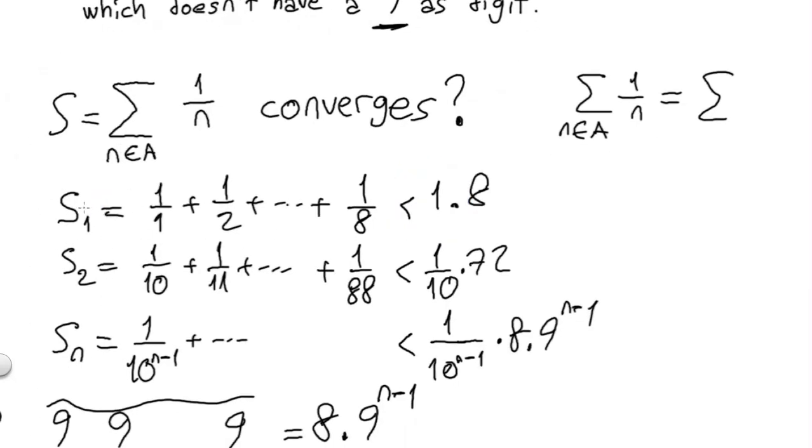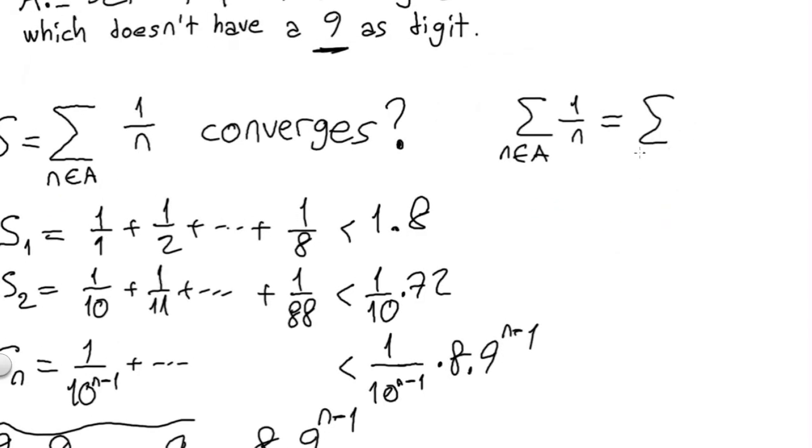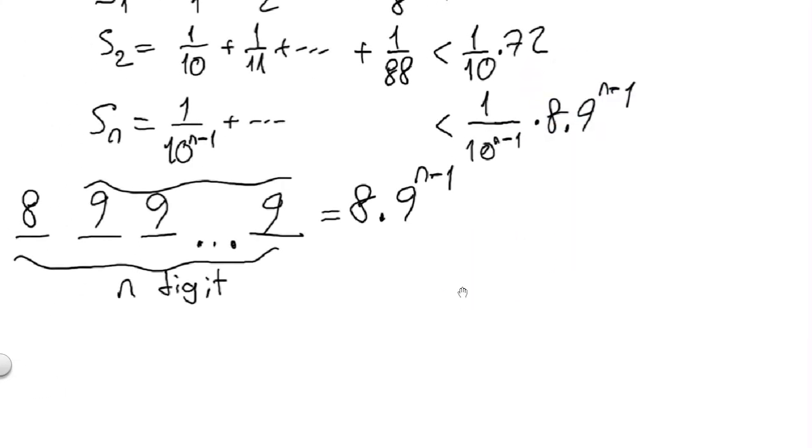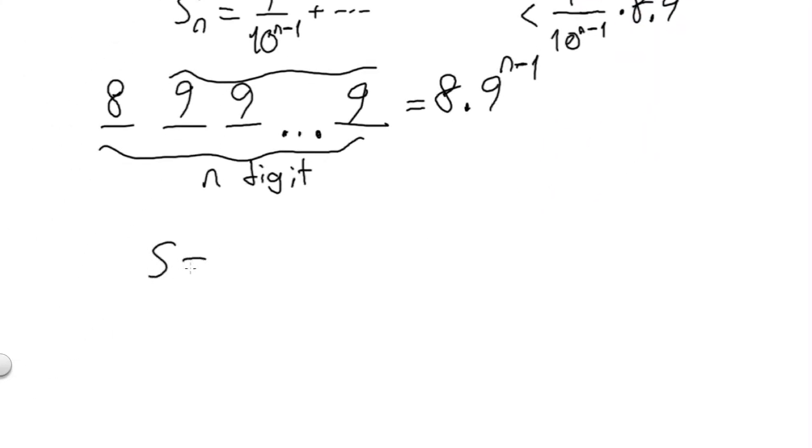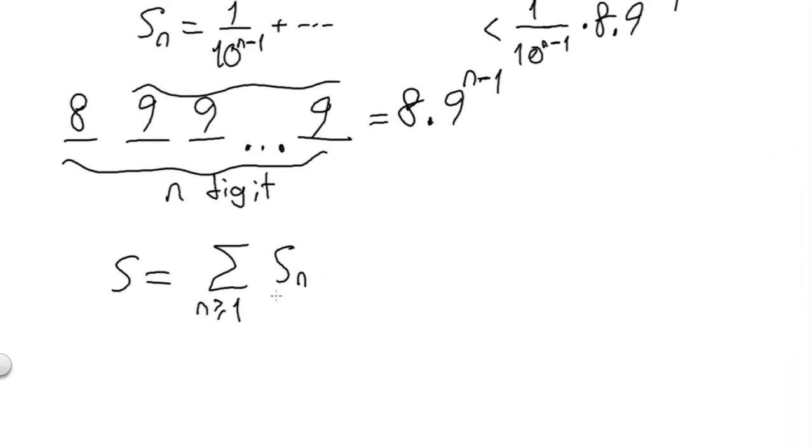If you add the terms that have 1 digit, 2 digits, up to n digits, and take n to infinity, of course this will be equal to our required sum. If I call it S, and S exists, S should be the sum of all of the Sn, if I have all of the Sn.